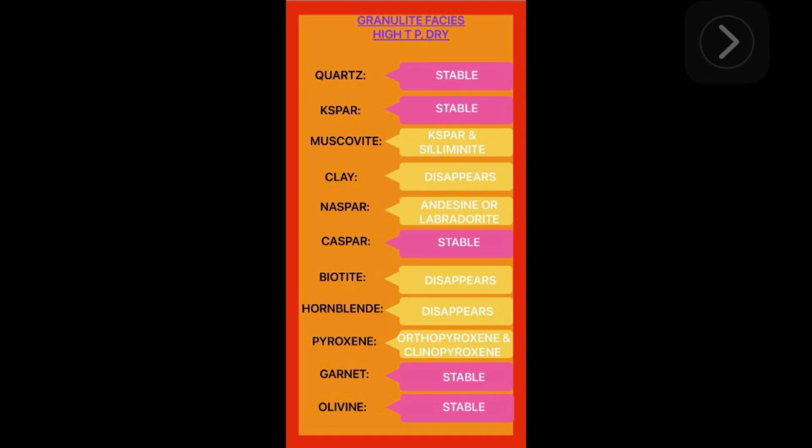I'm not really going to dwell too much on granulite facies, mainly because granulite rocks are fairly rare. If you go out there to collect rocks and you pick up a rock, the likelihood that it's going to be a granulite is super, super low.